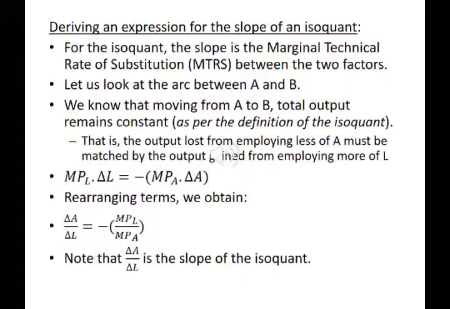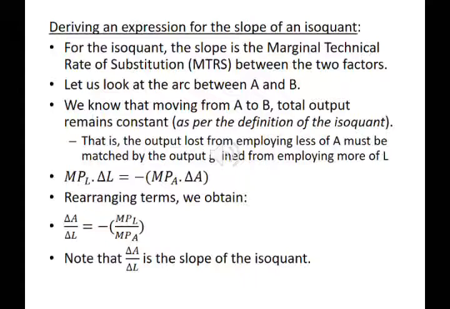Now we need to derive an expression for the slope of the isoquant, exactly as we did with the slope of the indifference curve in the theory of the consumer. For our isoquant, the slope represents the marginal technical rate of substitution between the two factors of production. If you remember in the consumer theory, the slope of the indifference curve represented the marginal rate of substitution between the two commodities that the consumer was consuming.